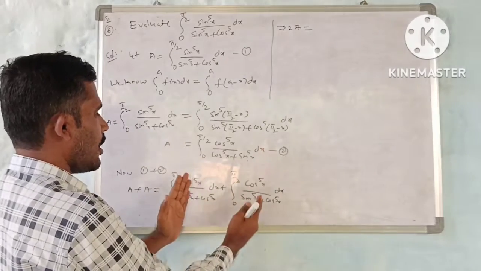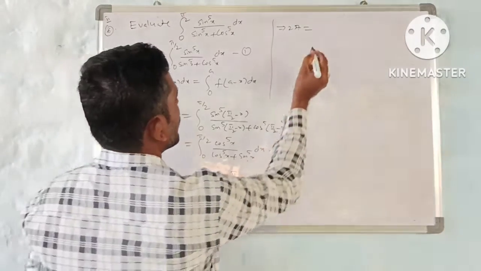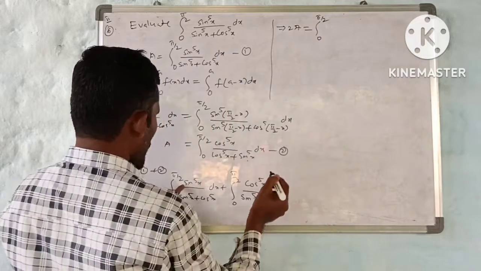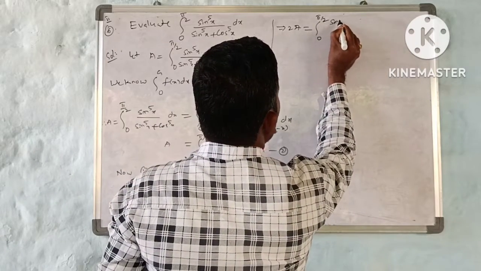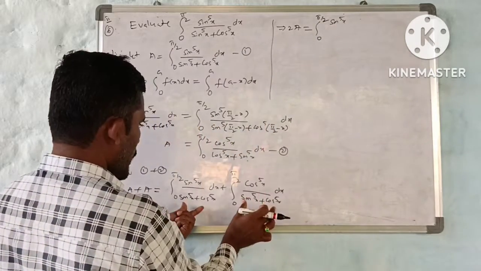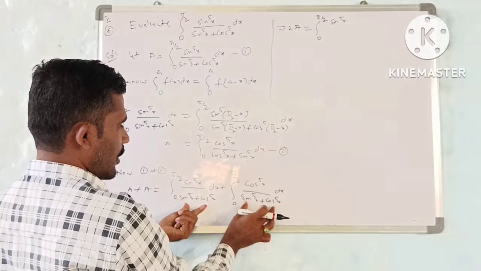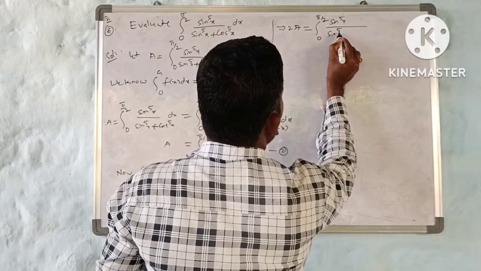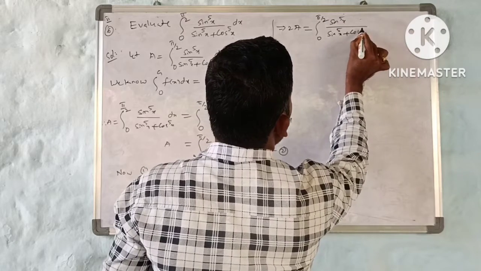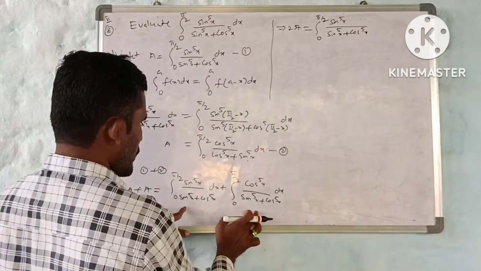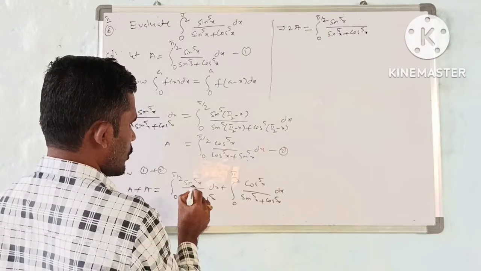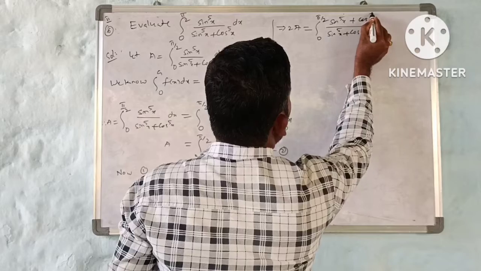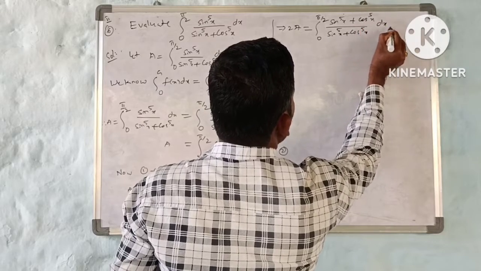I am combining the inner functions. So we get the integral from 0 to pi by 2, and the denominators are the same, sin^n x plus cos^n x, so we just add the numerators: sin^n x plus cos^n x dx.